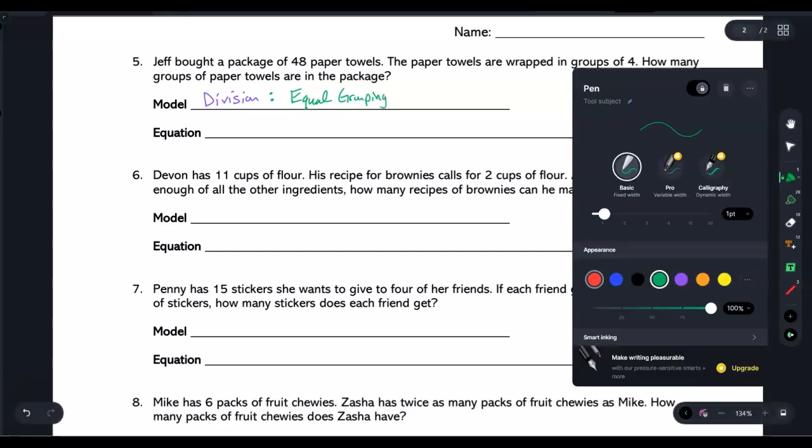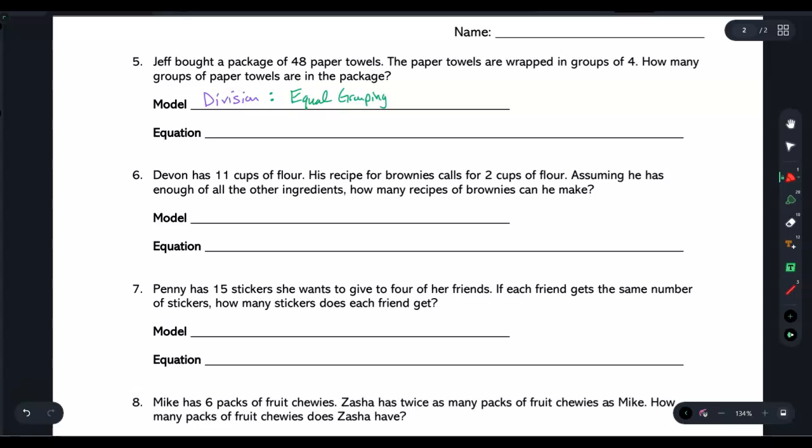And I'll go ahead and do this setup. And again, how would I know for certain that it's equal grouping if the question mark is the first number, right? So when I go through this, I know my units are paper towels, and they actually just use the words groups, right? I guess technically we could use packages, but they did use groups, so I'm going to stick with that. So I know that my first number times my second number equals my total.